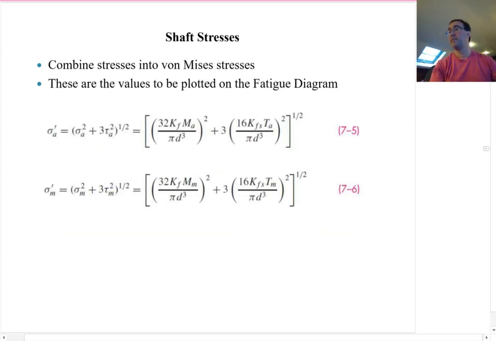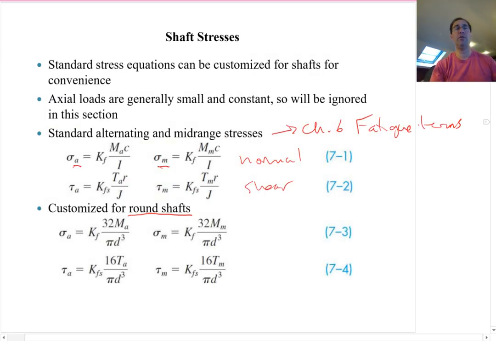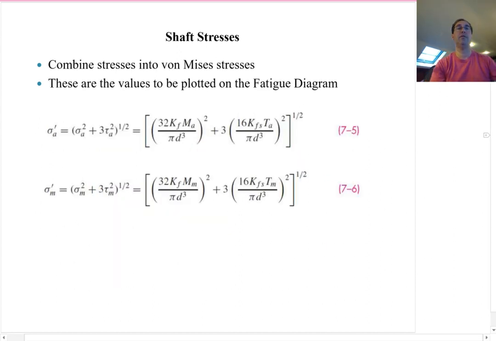And so here we have, what do we do with those? Let's go back up and see what we have. We've got raw normal stresses and shear stresses at some point. These are at your location of interest, right? And what we need to do for a fatigue analysis is put those into the von Mises stress definition, which is the distortion energy theorem.